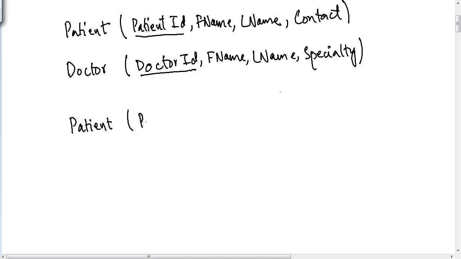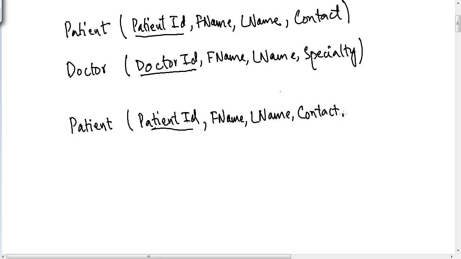We're going to have all the fields that were already there, the patient ID, the first name, the last name, the contact, and finally we are going to add the primary key of the doctor table in this table. So we're going to add doctor ID to the patient table.